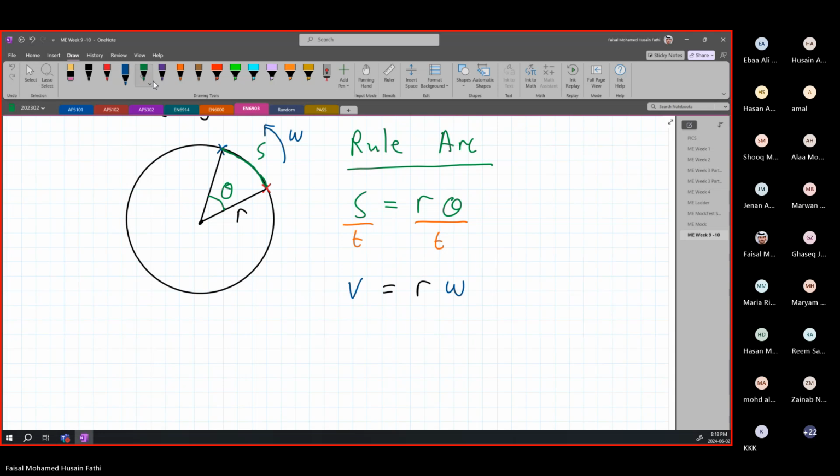So this is angular displacement, and this is angular velocity.